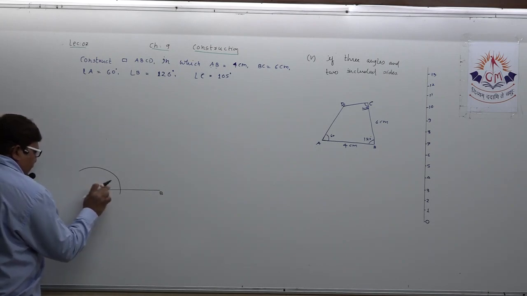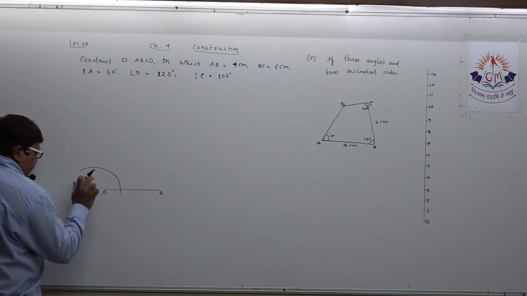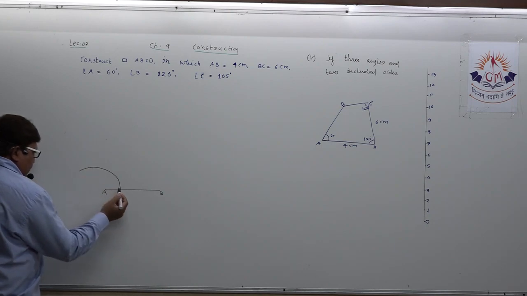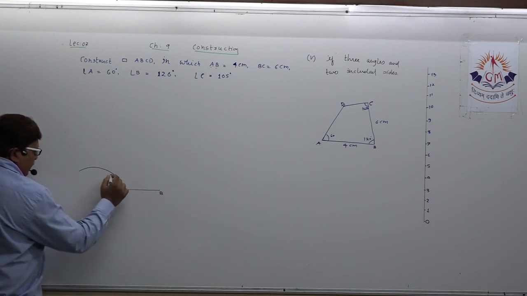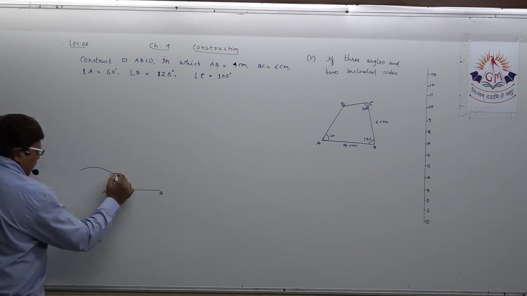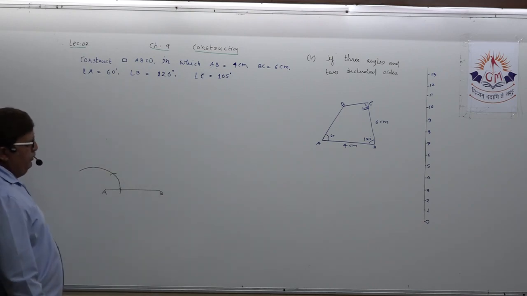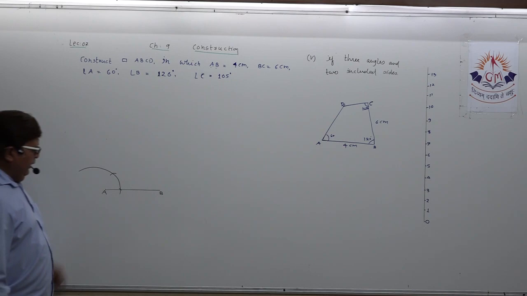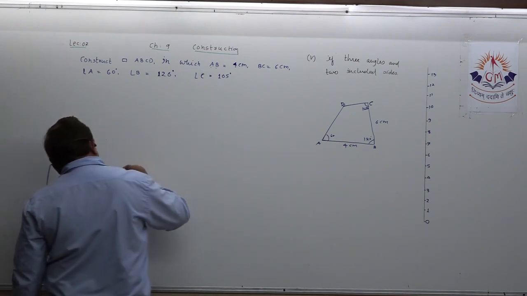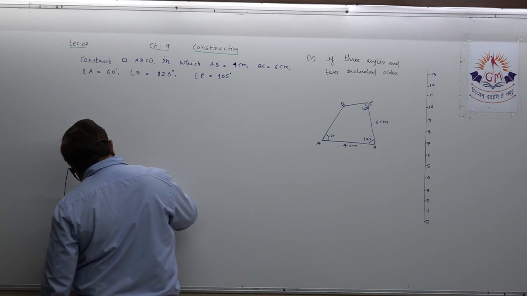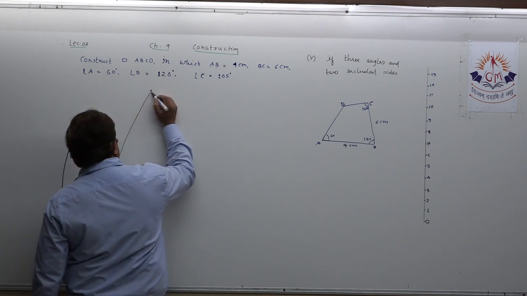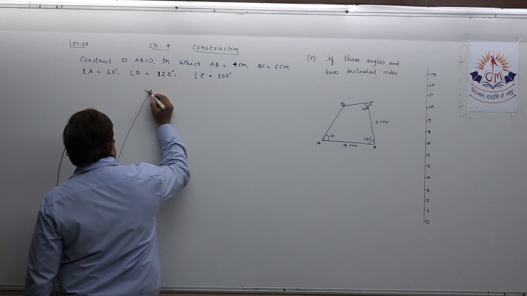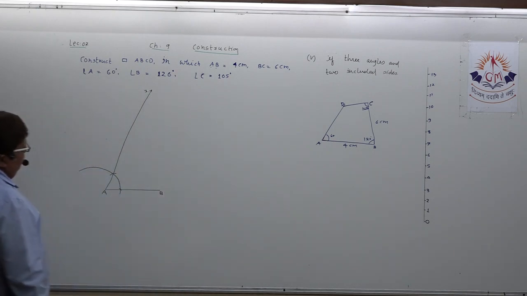Maintaining the same radius which you have already taken, center your compass at this point and intersect this arc. You understood this? Okay. And now you just draw a ray passing through this. This ray needs to be extended as AX. Please understand this.